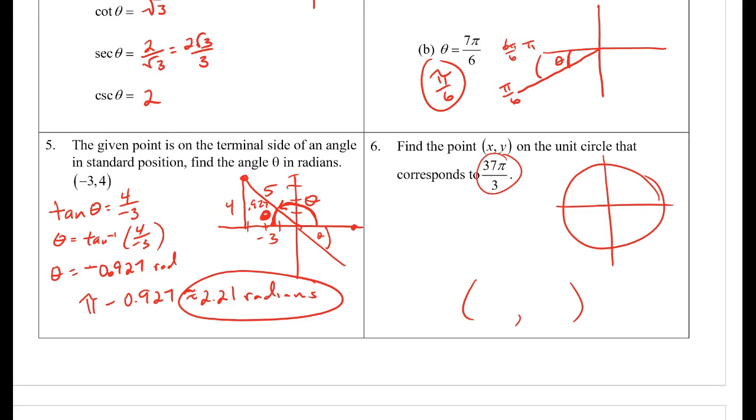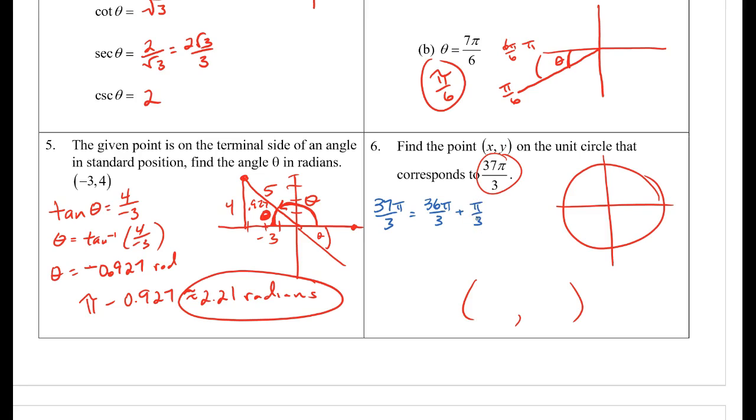So we can just start subtracting 2 pi, or 6 pi over 3, from 37 pi thirds, or we can see how many 2 pi's we can actually take out of that. So if I'm looking at this, 37 pi over 3 is really 36 pi over 3 plus another pi third.